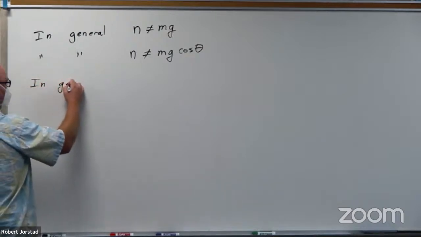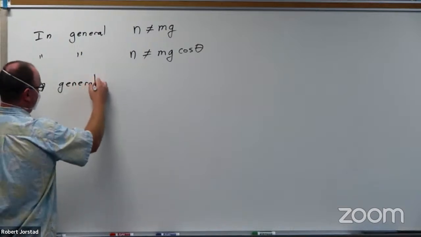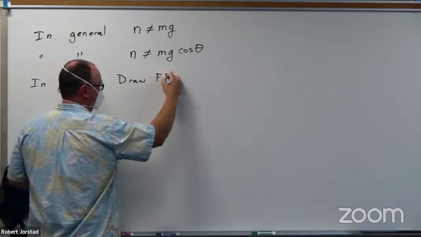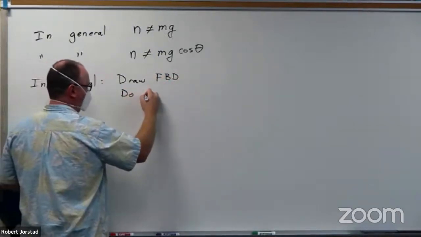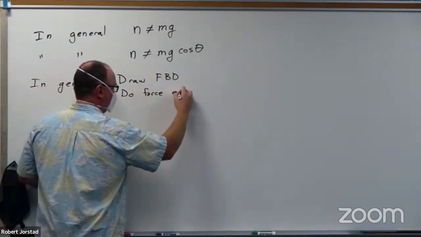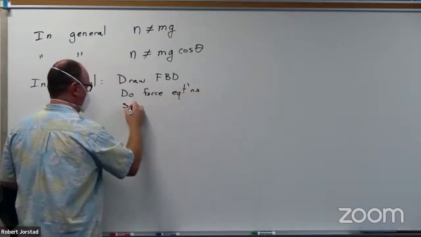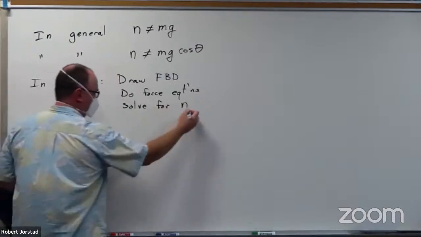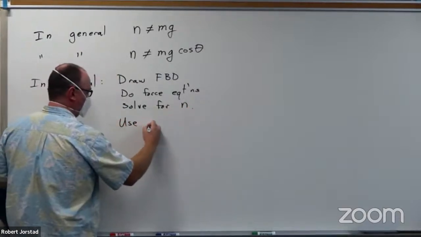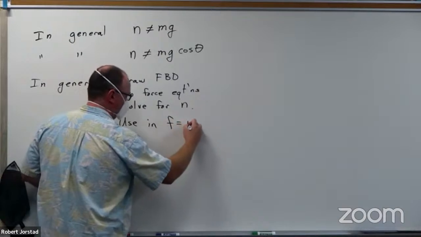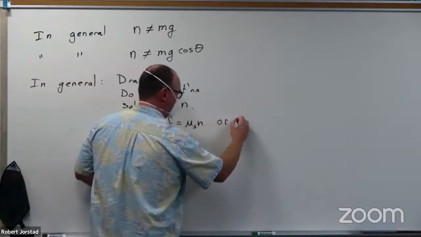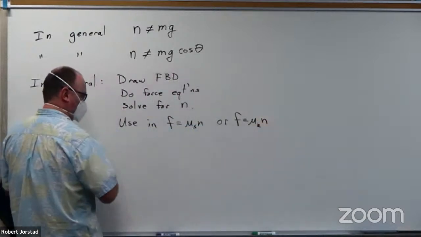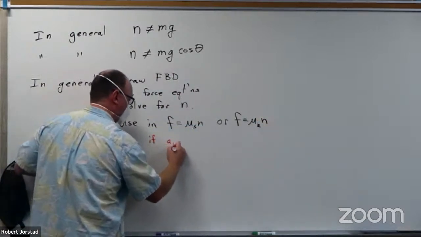In general, draw an FBD, do force equations, solve for N, the magnitude of the normal force, and use it in F equals mu static N or F equals mu kinetic N, if appropriate.